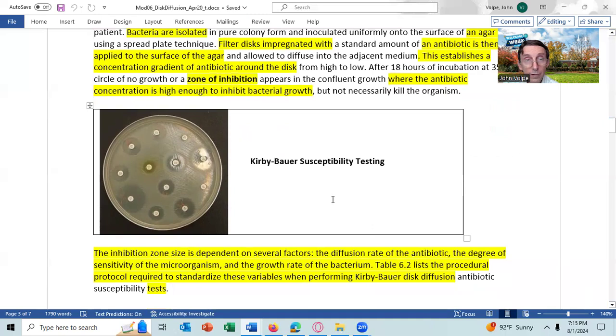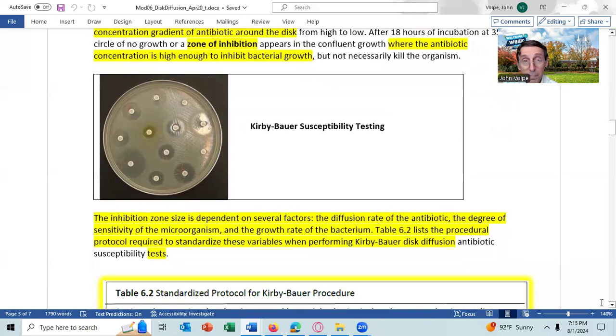Where the concentration of the antibiotic is high enough, we will get a zone of inhibition, which will inhibit the bacterial growth. It may inhibit the bacterial cells from growing, or it may kill the cell, depending if it's bacteriostatic or bactericidal.